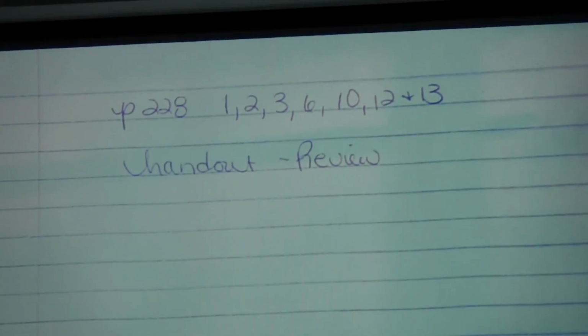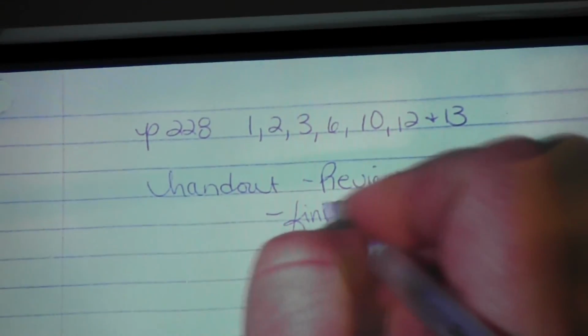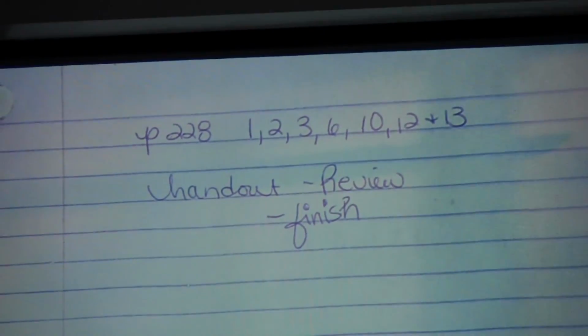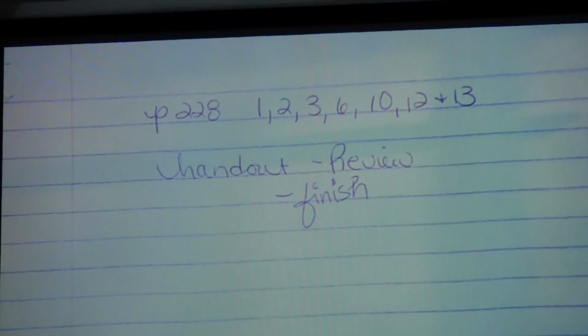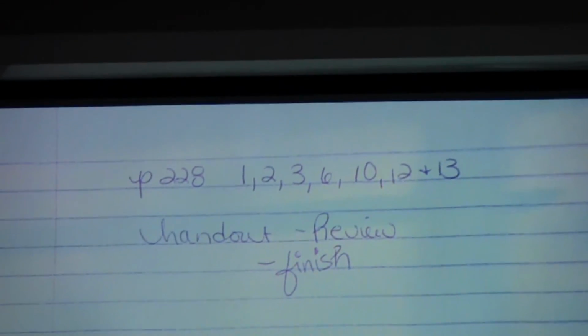So we will pass out the handout here in a minute. My other classes actually started this handout yesterday, so they're just going to finish that handout today. But you guys didn't get it yesterday, so you are going to start it today. And we can go ahead and get started.